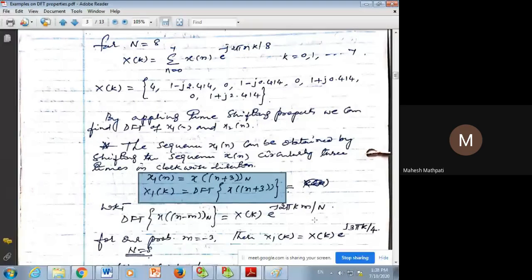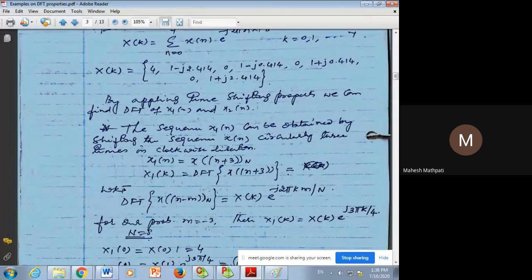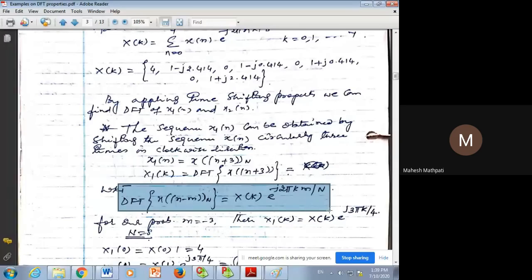Noted? Yes, sir. Now we know that the DFT of x of modulo n minus m, N is given by this formula, according to the circular time shift property: x of k e power minus j 2 pi k m by N. So what is the value of m according to our problem?